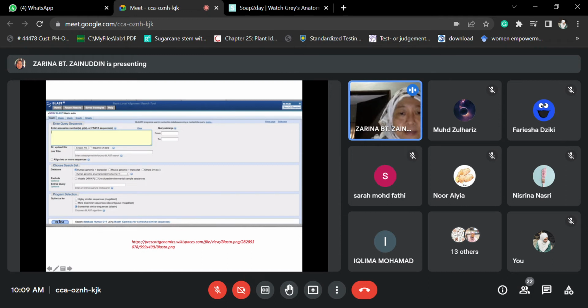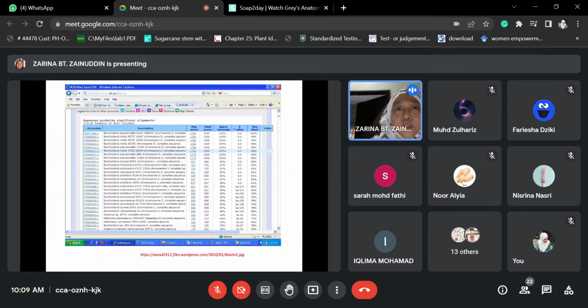Then you click BLAST. When you click BLAST, it will compare with the available database. This is for example when you don't know the sequence. It will compare for similarity.